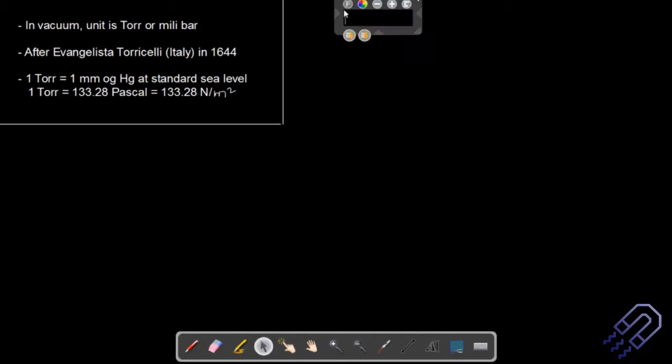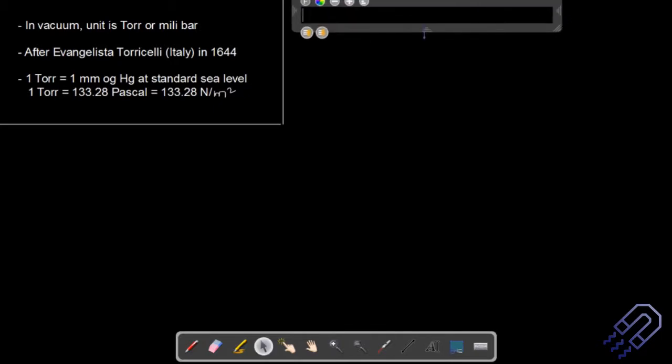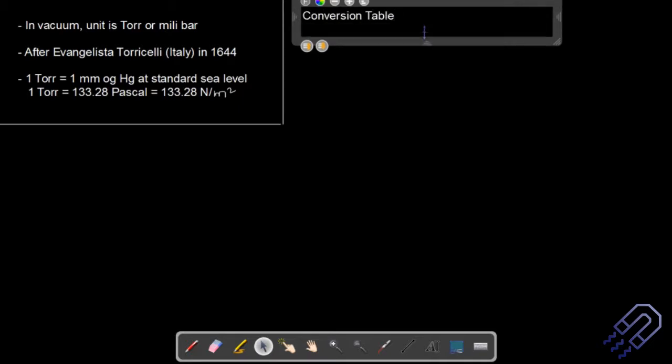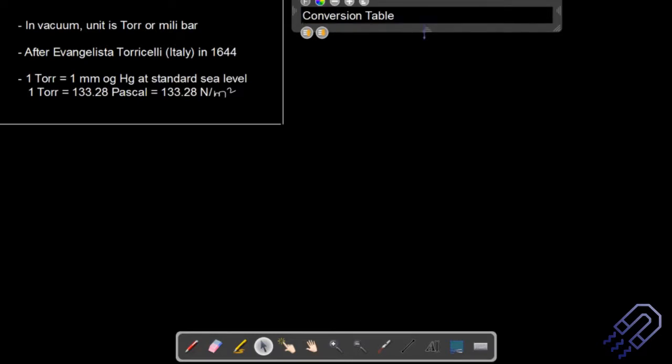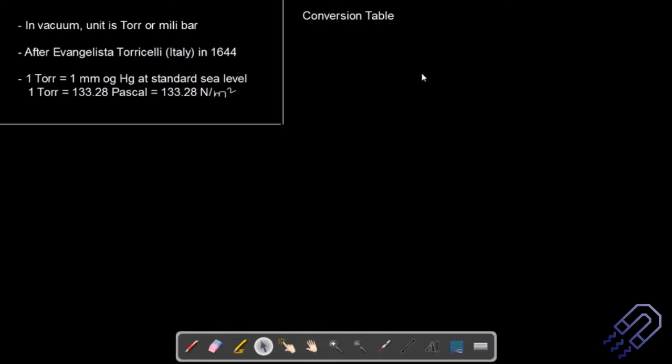It is expected that you know these things, and there is no harm in revising properly. Let me give you a very simple conversion table, which you can write down in your copy and paste in front of your study desk so that you remember it.